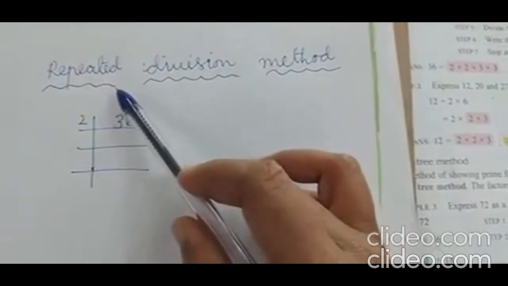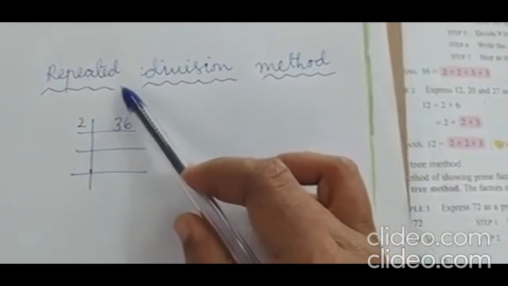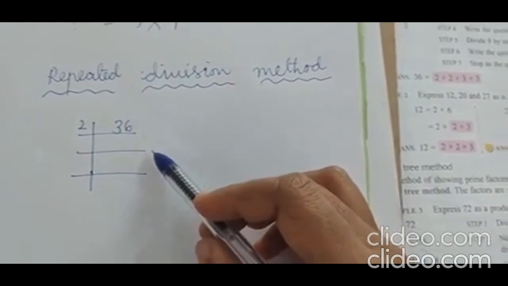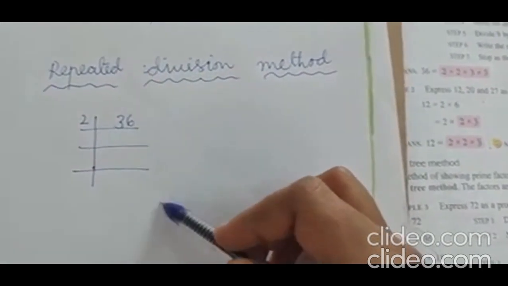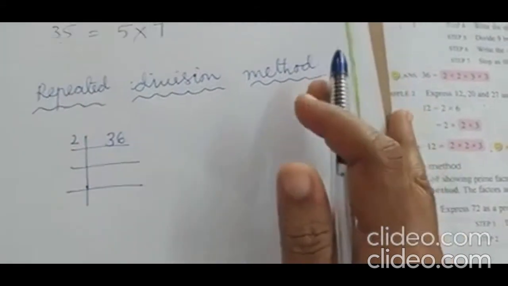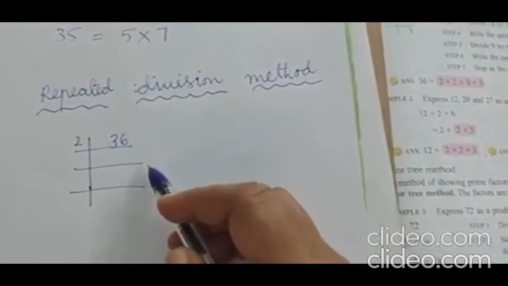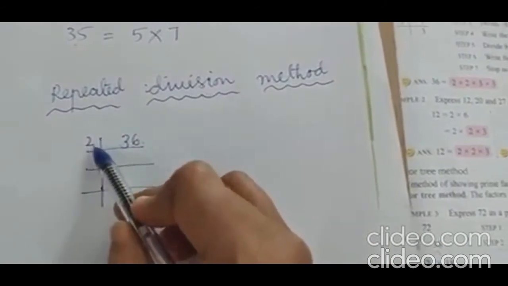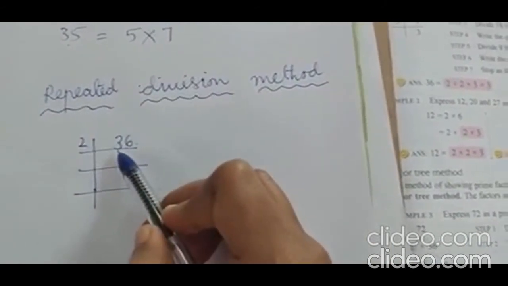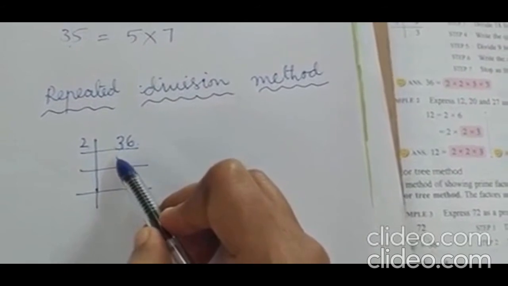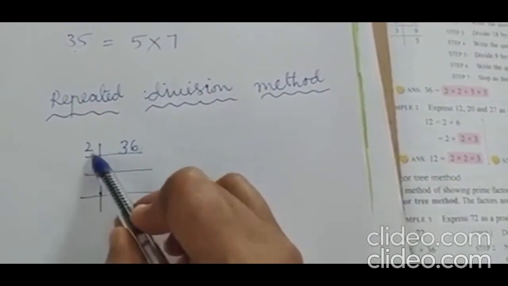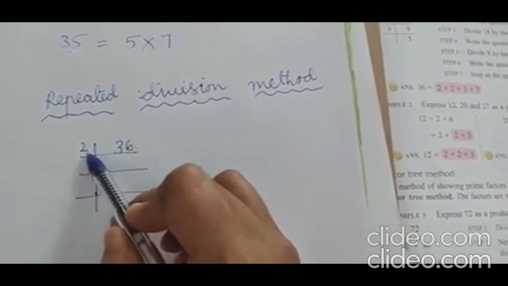In the last chapters we learned division, right? Now in this we are using prime numbers and we will divide using a different method. But mainly we use the division method. For example, 36 we have to divide with 2. Step number 1, we have to write 36, and divide with the smallest number, 2.